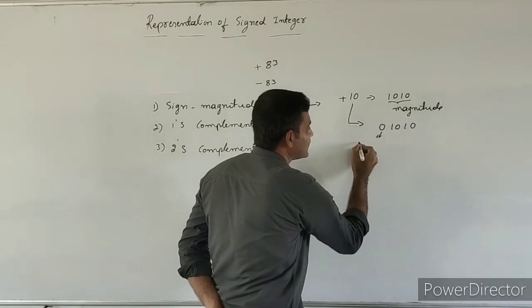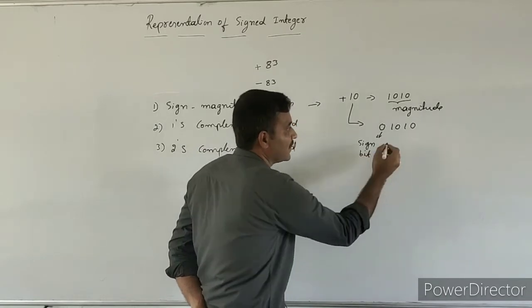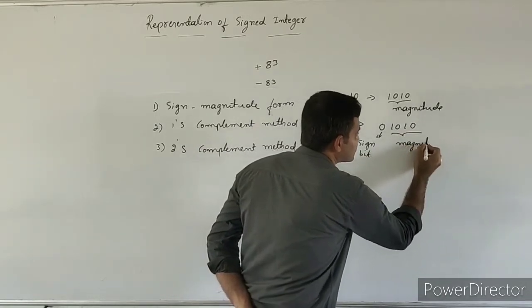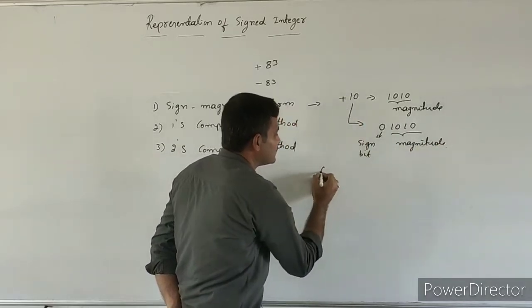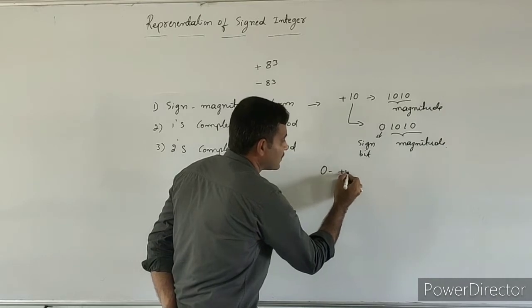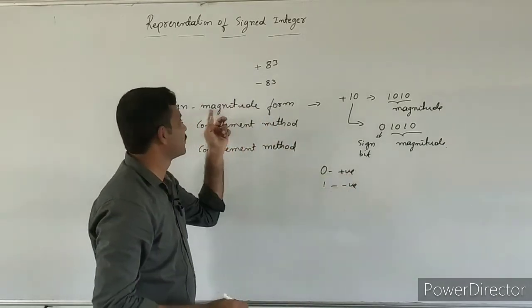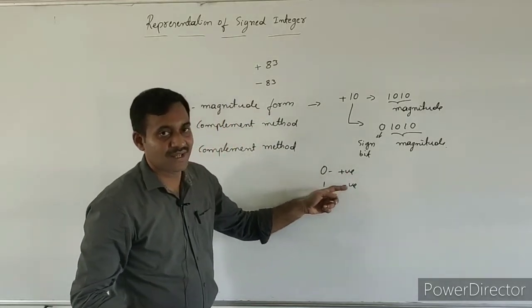Here 0 is the sign bit and the remaining is the magnitude. In sign magnitude form, 0 represents positive and 1 represents negative.